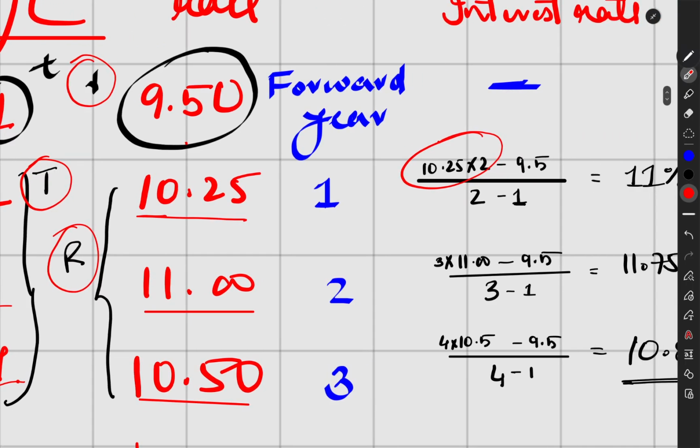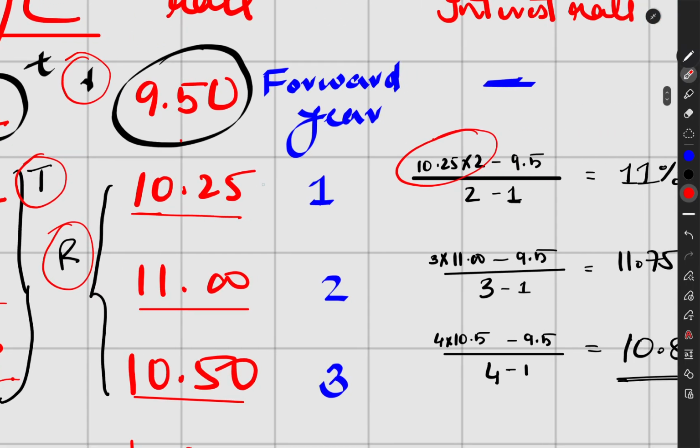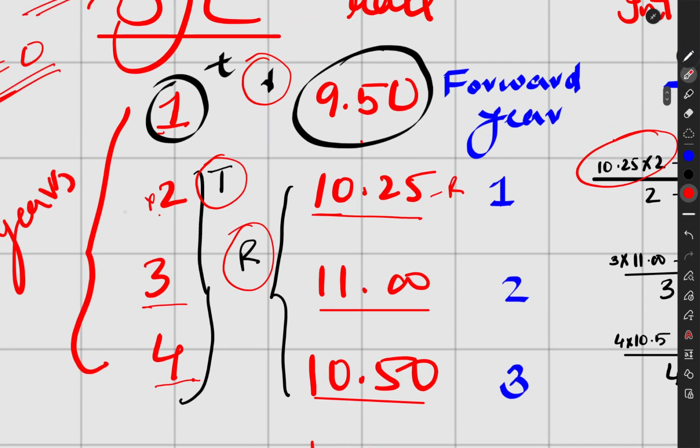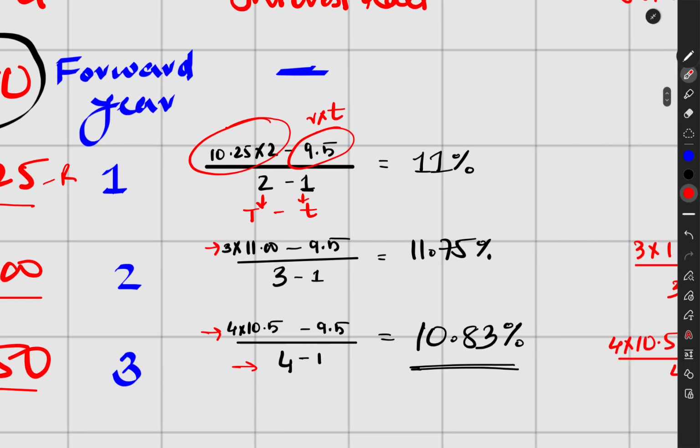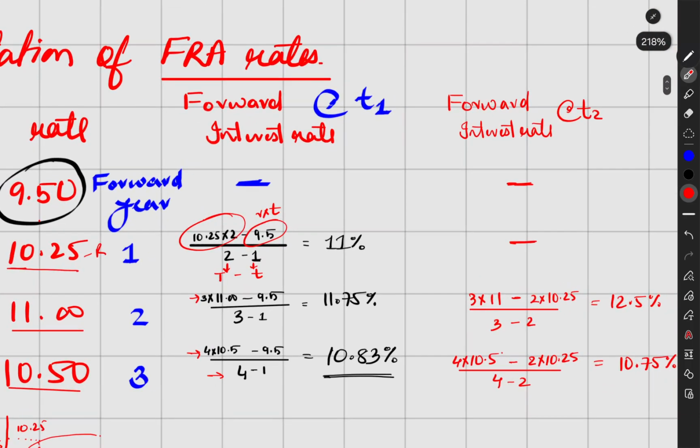This is how you do it: 10.25, that is your R, times 2, that is the corresponding T, minus r times t. This will remain the same for every year of forward that we calculate, and similarly here and here, divided by T minus t, and you get 11, 11.75 and 10.83.